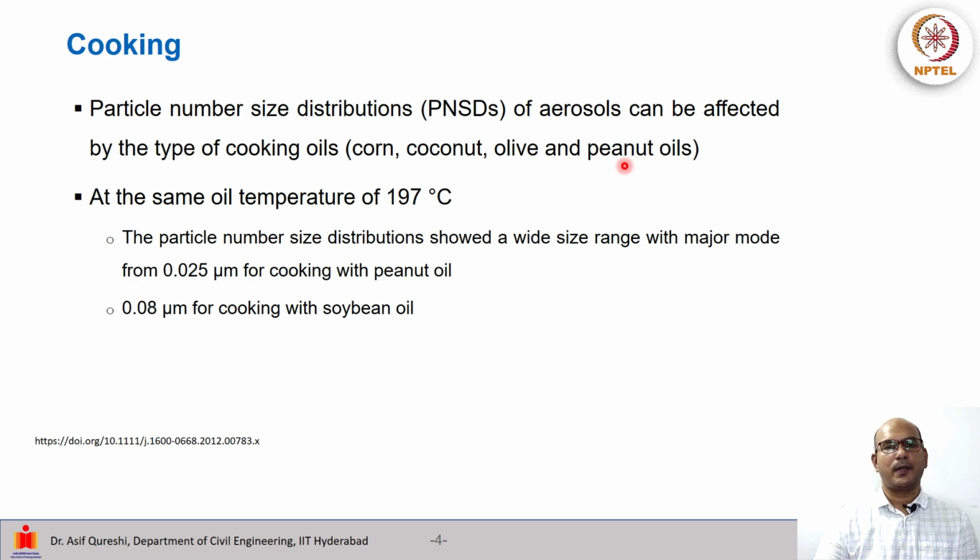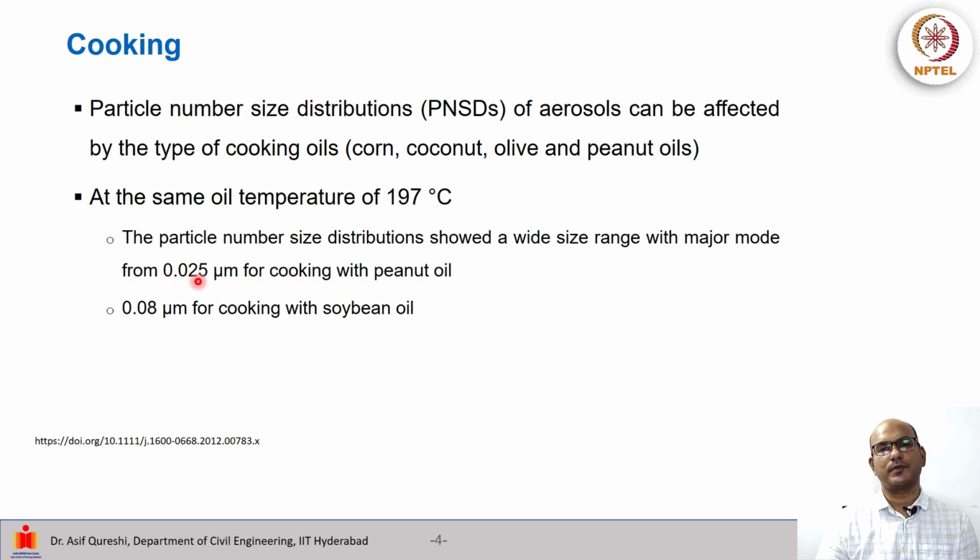It was found that for the same oil temperature of about 197, or around 200 Celsius, the particle number size distributions were showing a wide range, but the mode for cooking with peanut oil was at 0.025 micrometers.